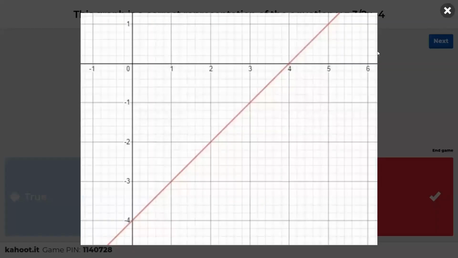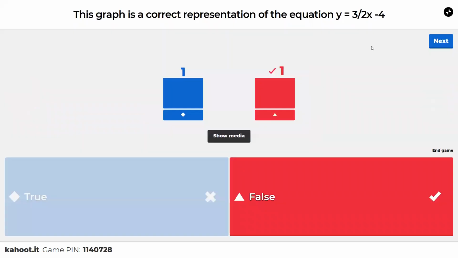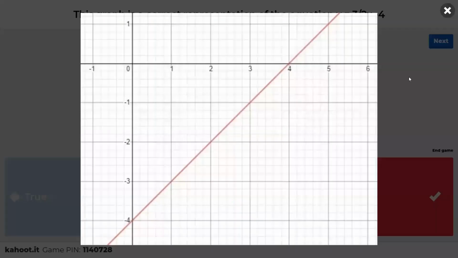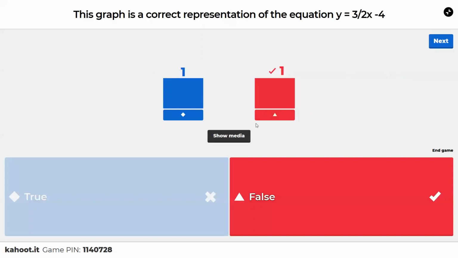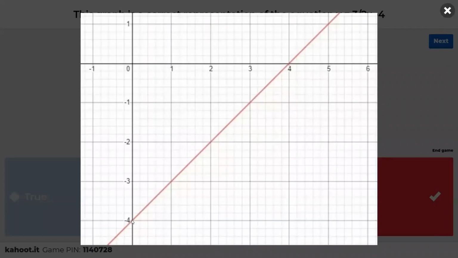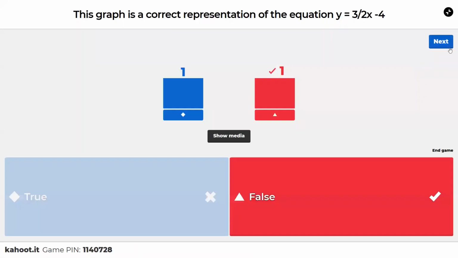So it does intersect at negative 4, but this slope is positive, right? And this one is positive as well, but then this is 3 over 2. So it should go rise 1, 2, 3, run 2, rise 1, 2, 3, run 2. So we can tell that's not the same line. Very good.